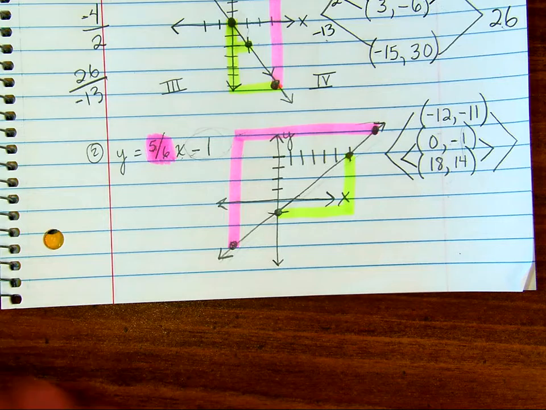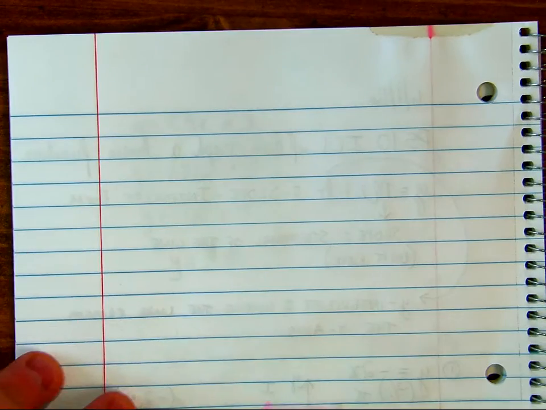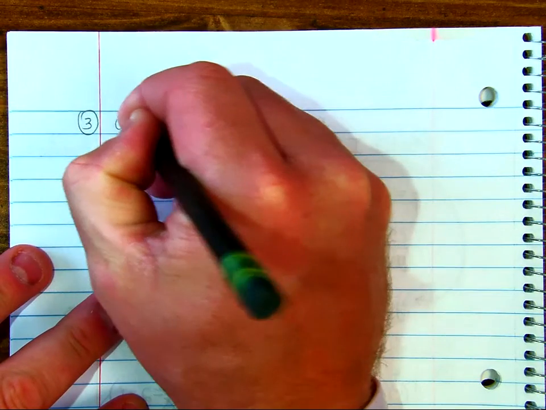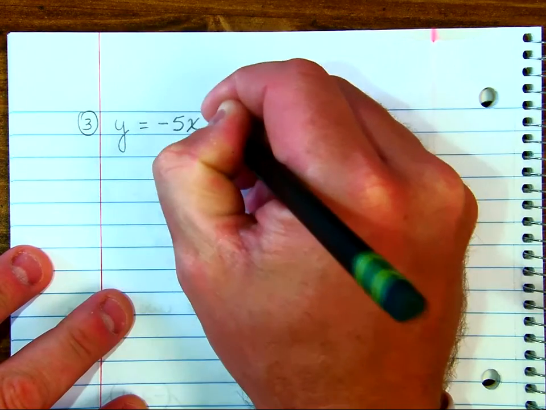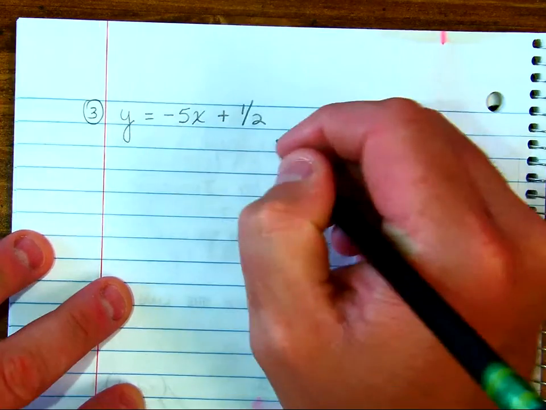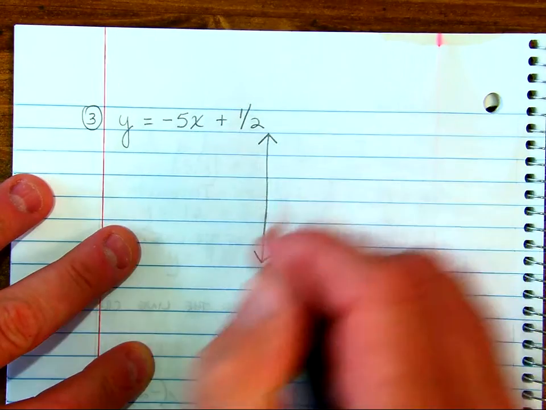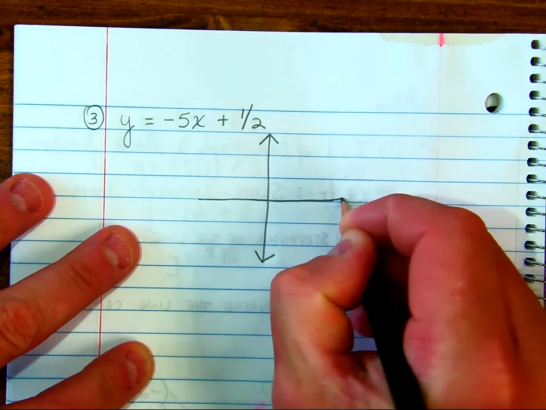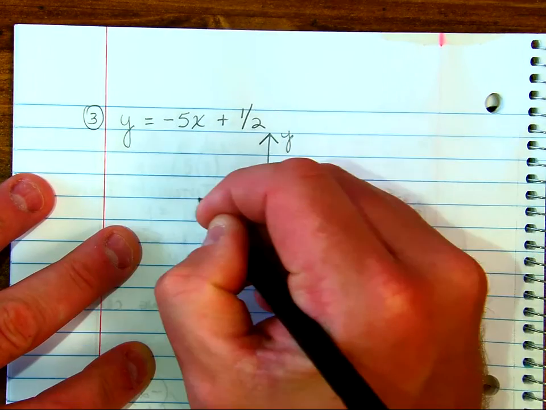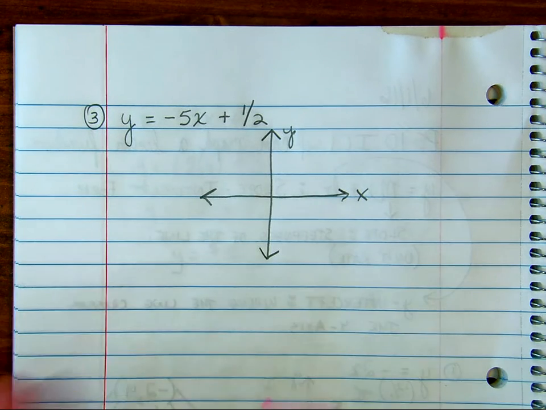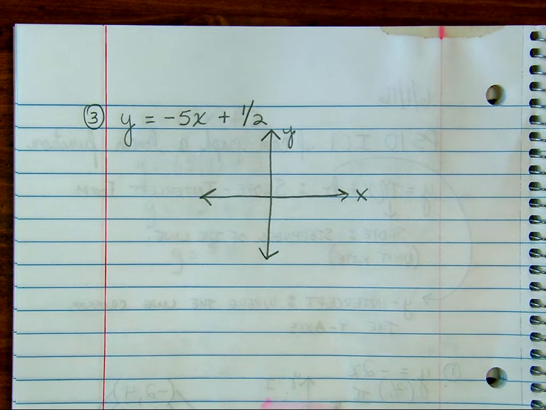All right, 2 more examples, and then we are done. So this linear function has an equation of y equals -5x plus a half.